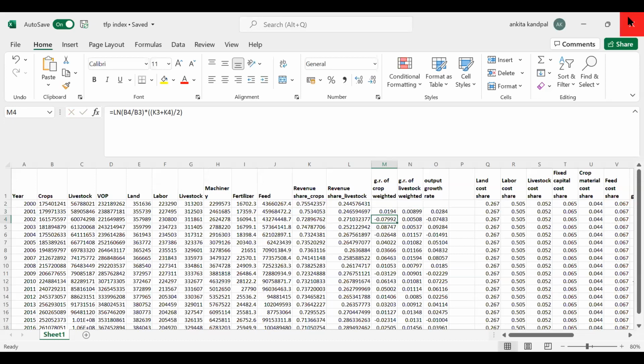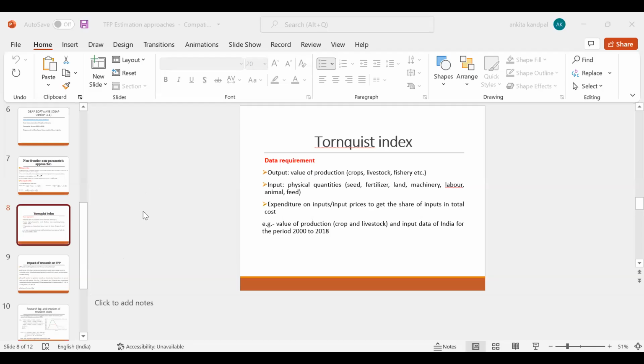Other calculations will be the same. So this is about the approaches.